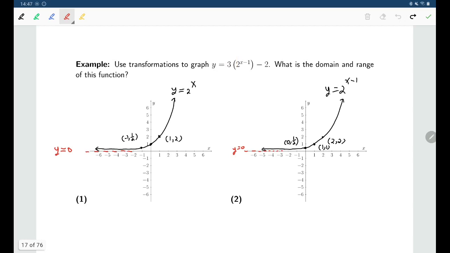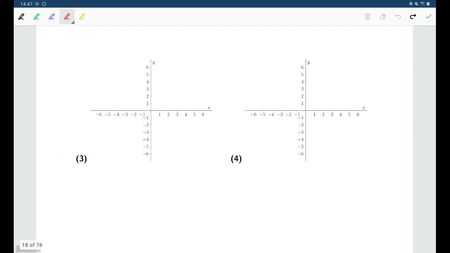When we shift our graph up or down, that horizontal line will be shifted up or down along with it. So right now, with our vertical stretch and our horizontal shift, that horizontal asymptote hasn't moved yet, but just beware that it will move eventually. Okay, so let's do the next part, the multiplying everybody by 3.